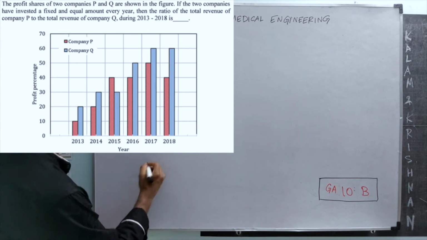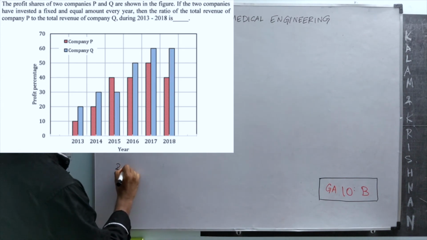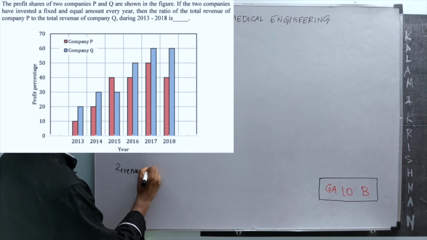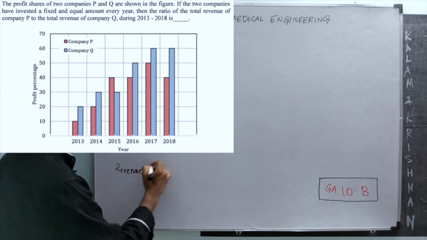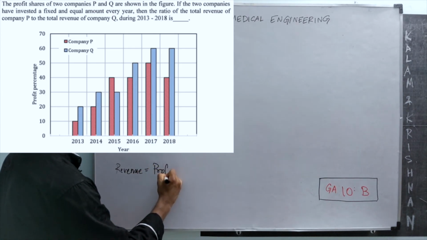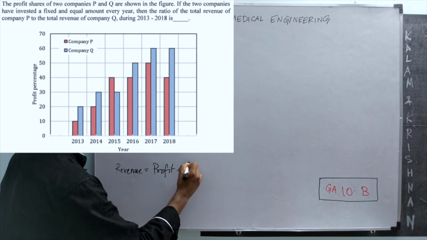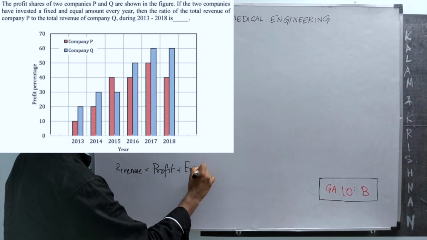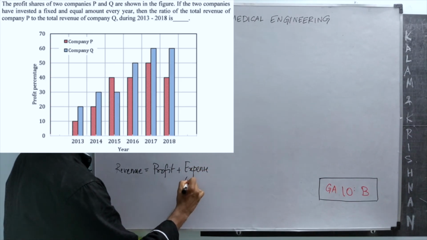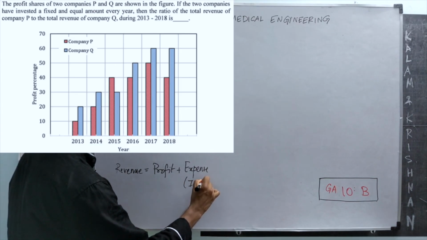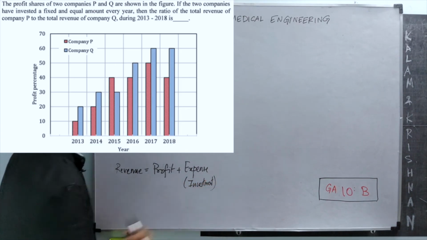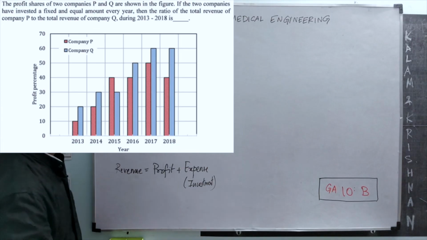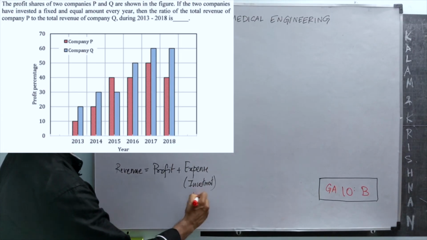Okay, so the first thing we have is revenue, which is what we want, that is profit plus expense or investment. Let's make this fixed amount 100 every year.